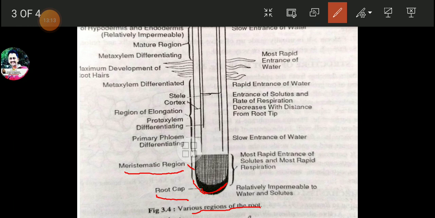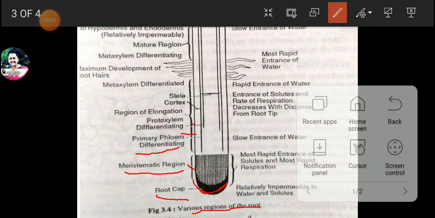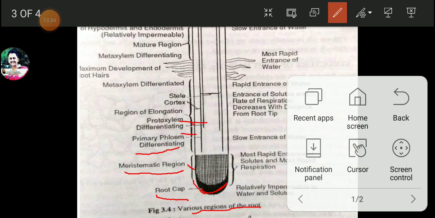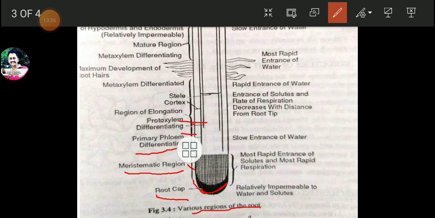Just behind that we will be able to see primary phloem differentiating. Then we will find protoxylem differentiating, this one. Then all these things are there in the region of elongation. We are looking at where all this is, the region of elongation.